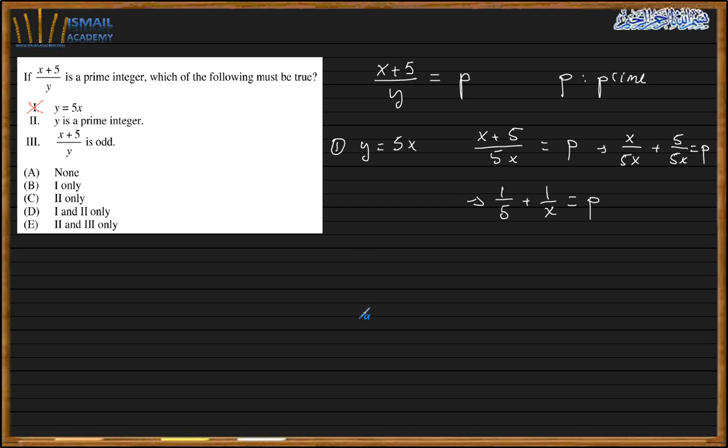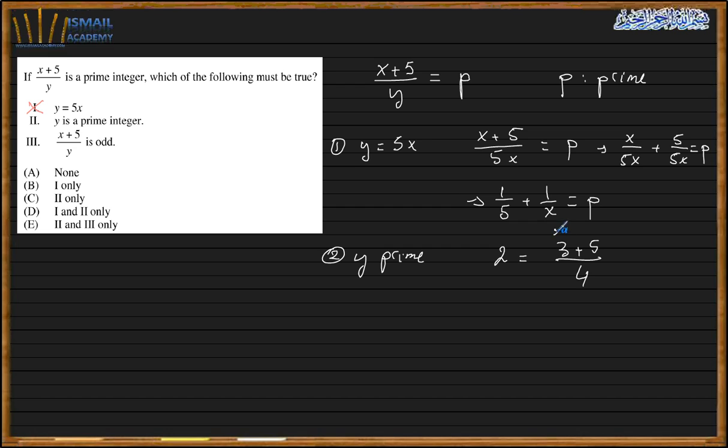Okay, what about the second choice? Is y a prime number? Let's pick a prime number. For example, I can have 2 equals 3 plus 5 over 4.